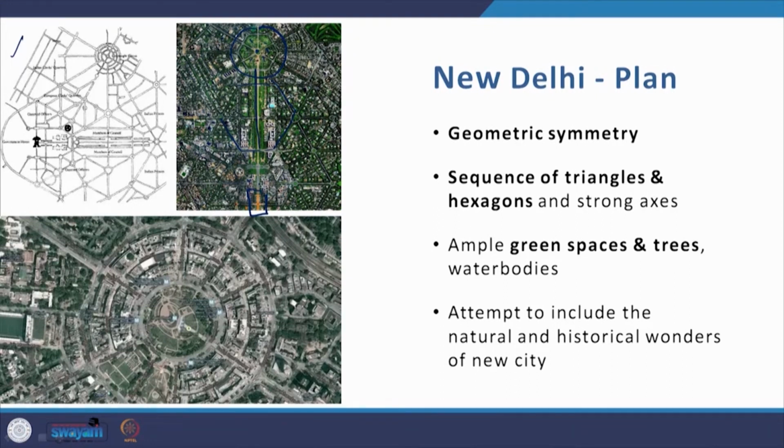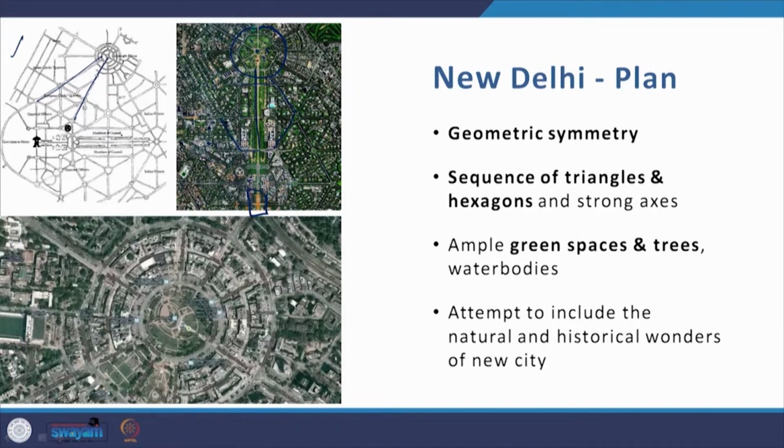And there are these several axes, for example the Connaught Circuit itself has several axial roads that are merging into the Connaught Circus, and all these are a combination of these hexagons and triangles, and it was densely populated with green spaces and trees and water bodies. Interestingly, very similar thing happened also in Chandigarh.